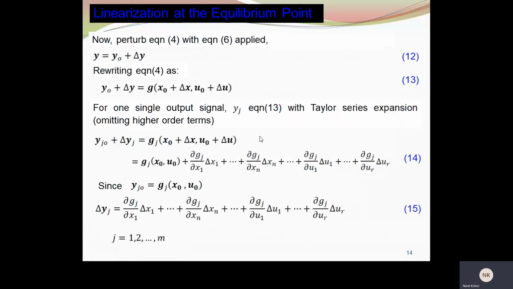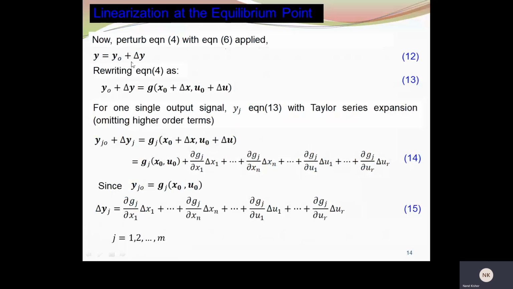We move to the next slide now. Now from equation 4 with equation 6 applied, we can now write y is equal to, similarly, there we have discussed the delta change for the state variable and the input quantity, and now here we have the delta change applied on the output variable.